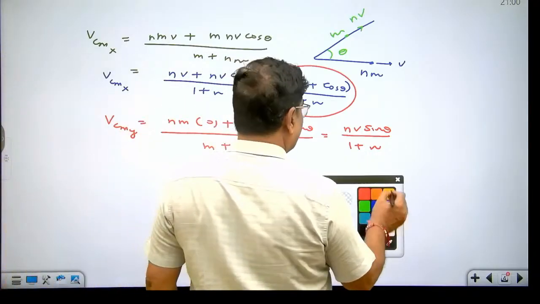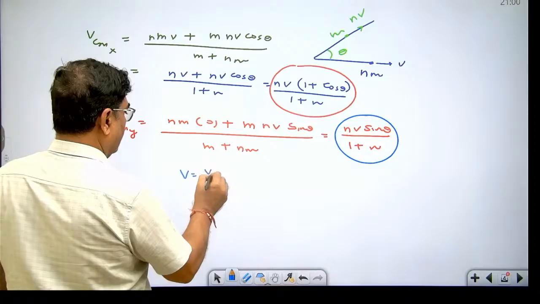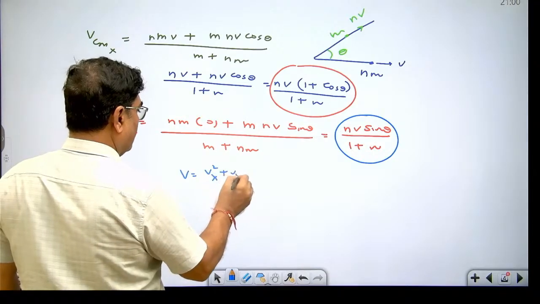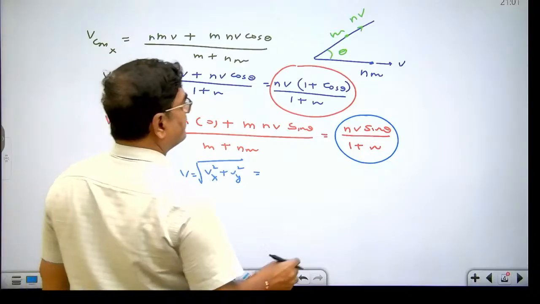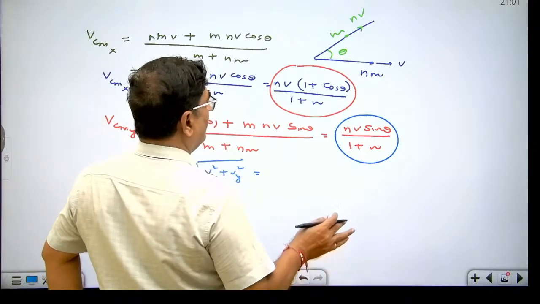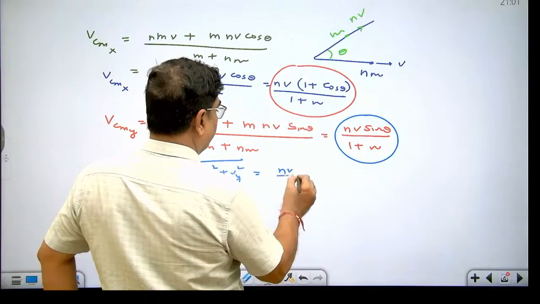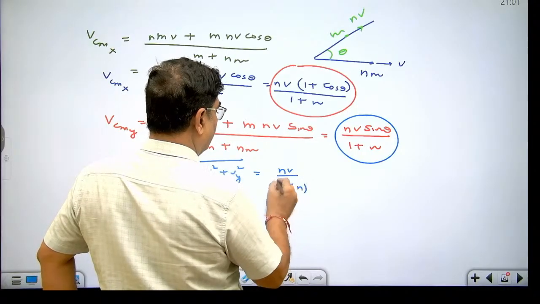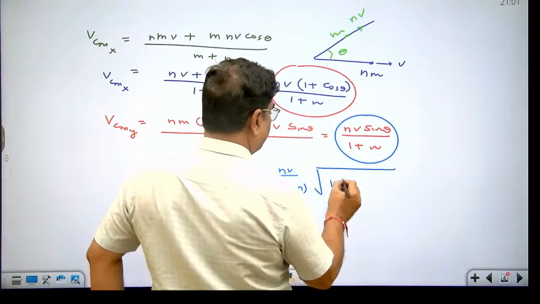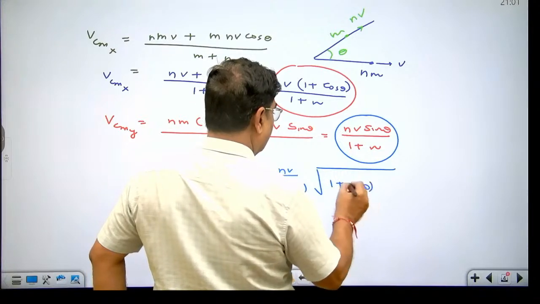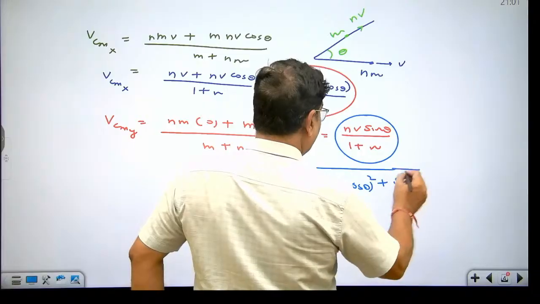So we can easily calculate the velocity of center of mass by writing root of Vx square plus Vy square. This will give us nv upon 1 plus n, which we are taking common. In the bracket, this is (1 plus cos theta) square plus sine square theta.